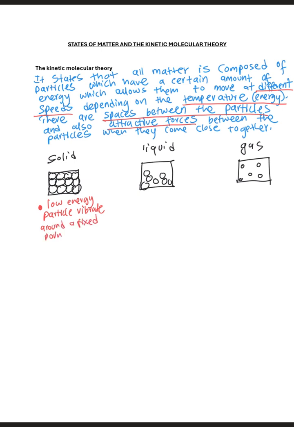The reason they vibrate is because they are close next to each other, so they just touch each other by vibrating around a fixed point. And in a solid, there are very little spaces between the particles.